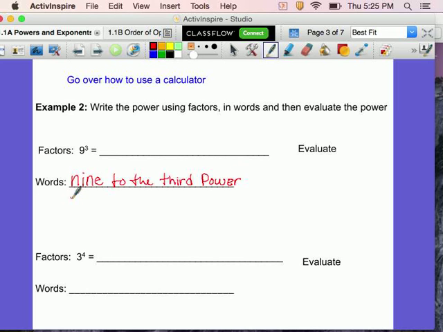Or you could do 9 to the power of 3. And then the shortcut that many of us use is 9 cubed.